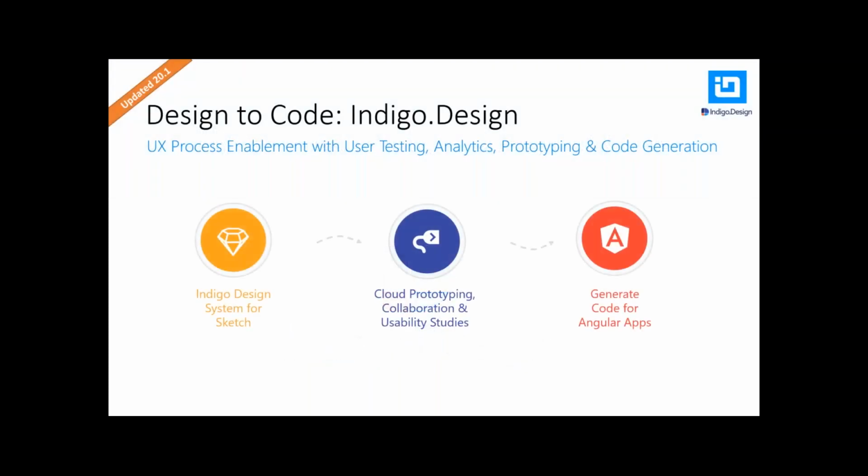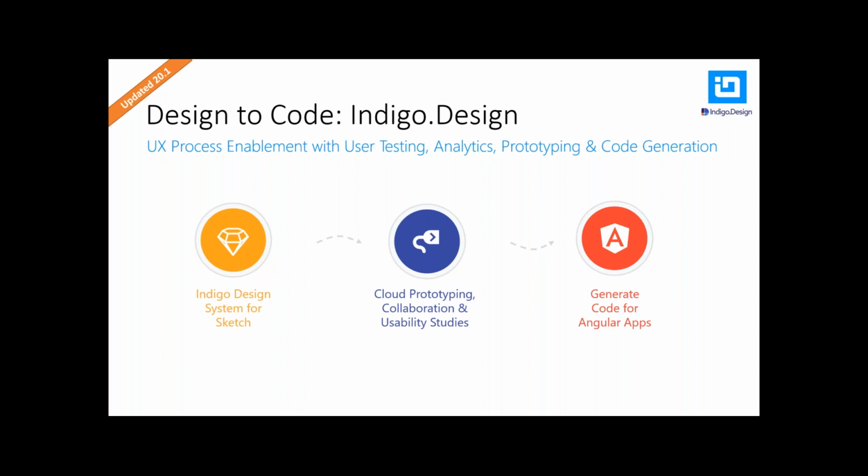But if you're not familiar and you want to just get the high level overview of what design to code is, we have a design system for Ignite UI for Angular for Indigo, which maps to our UI components, and you get those in Sketch. So anything that you build in Sketch will map out to something that you can generate in code in Angular.